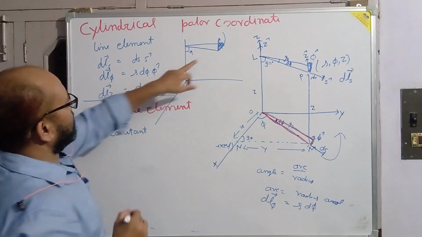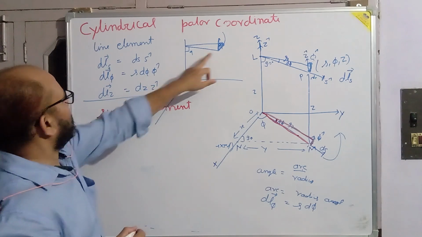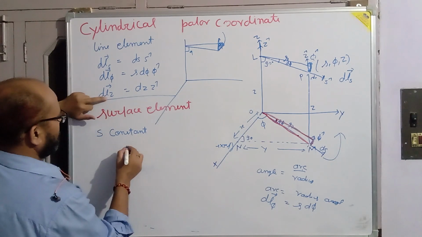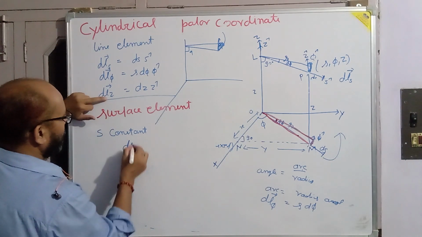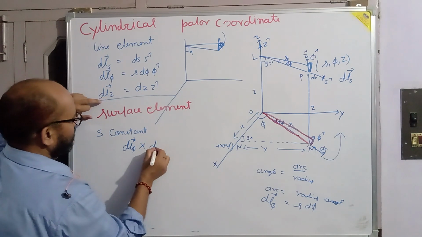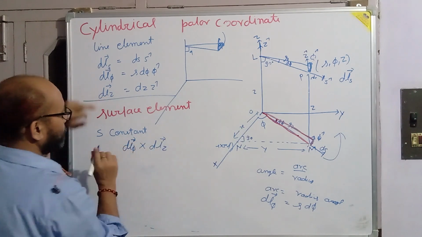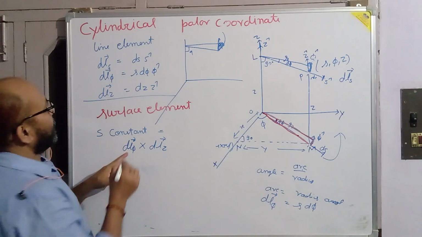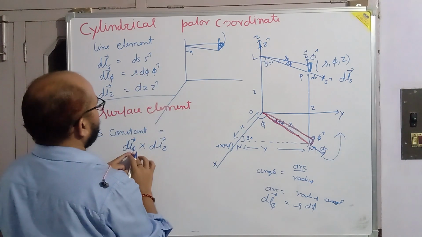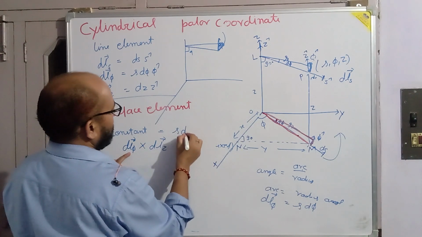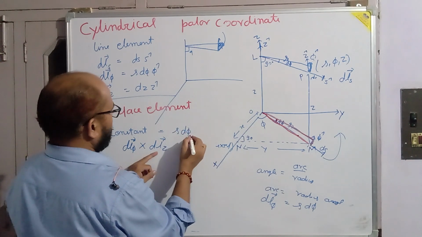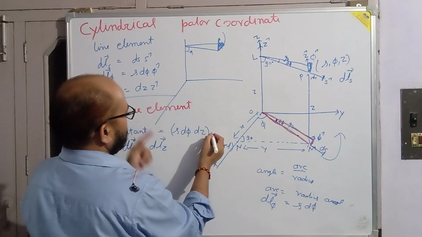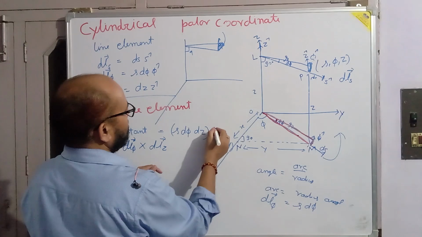Area element is just like dl phi and dlz, dl phi into dlz. Simply you can write here that s is constant, so dl phi equal to s d phi in magnitude, and dlz equal to dz. The direction is s cap.